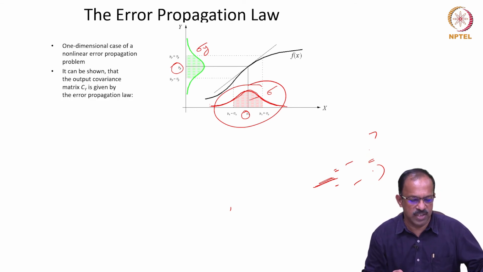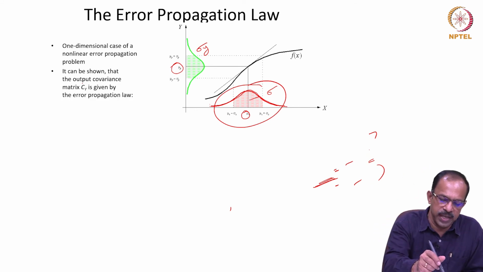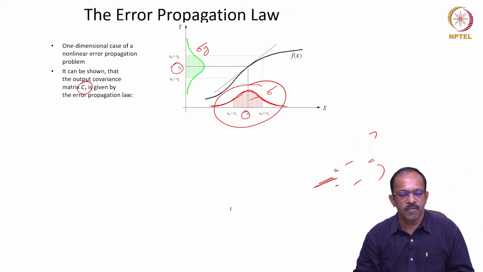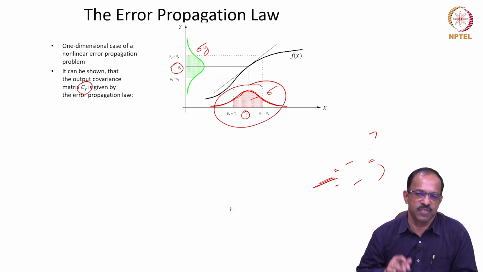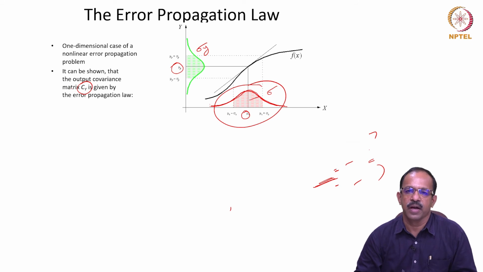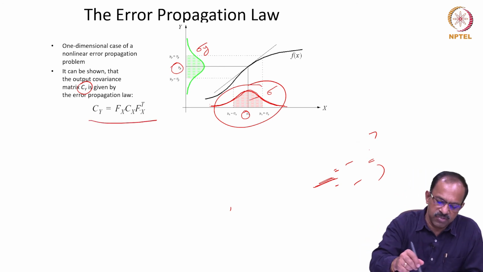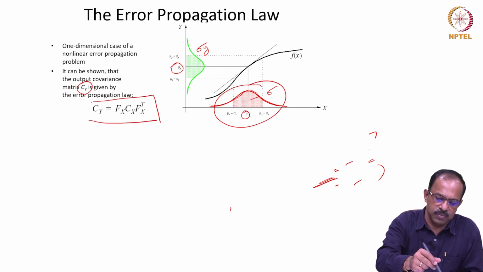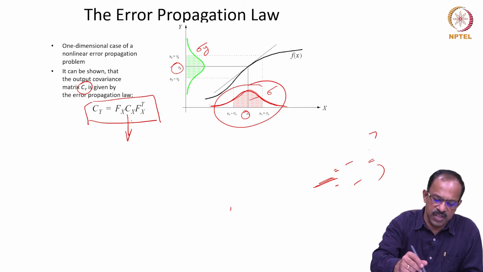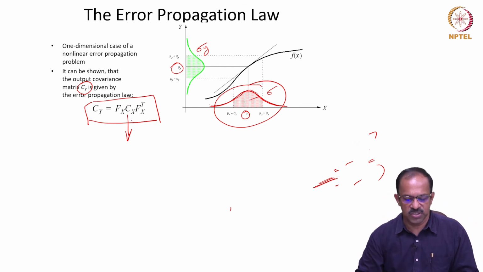So, we will take a one dimensional case, Cy, which is the covariance in y; when it is multi-dimensional, you will have a covariance. So, Cy can be given as Fx Cx Fx transpose, where Cx is the error covariance in x.